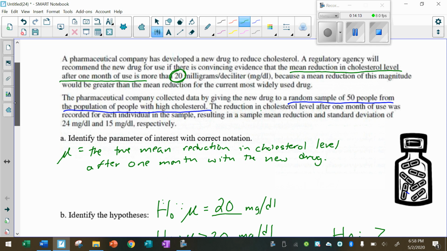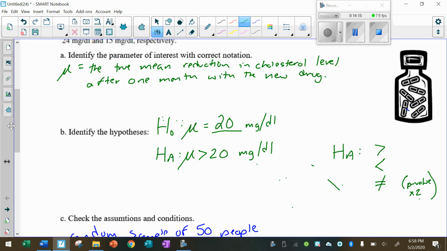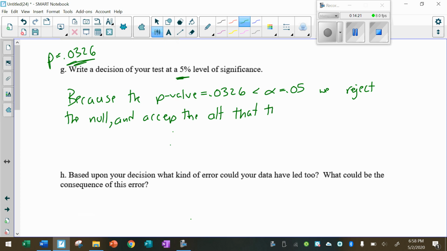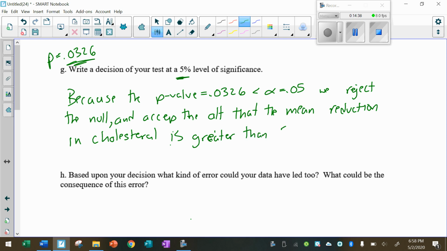That the mean reduction in cholesterol is greater than 20 milligrams per deciliter with the new drug. Okay?